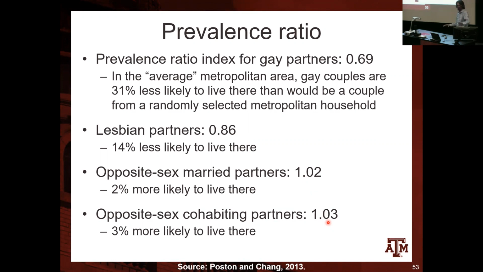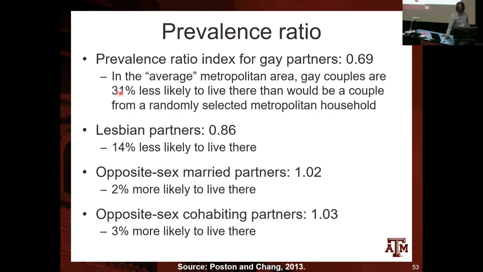So what do these overall results about family partnering in these metropolitan areas, based on the 2010 census, show to us about the US? That opposite sex partners, both married and cohabiting, are kind of randomly distributed across all these metropolitan areas. Right? 2% more likely, 3% more likely. Okay, it's different than zero, but it's not so strong.